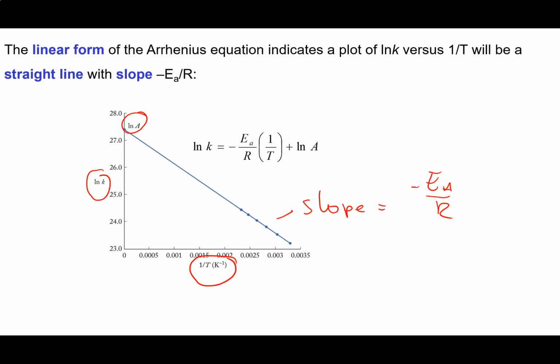So a common way of determining the frequency factor and the activation energy is to perform a reaction at a number of temperatures, determine the rate constant at those temperatures, and then plot log k against 1 on T, get the slope, get the intercept, and you have the activation energy and the frequency factor.